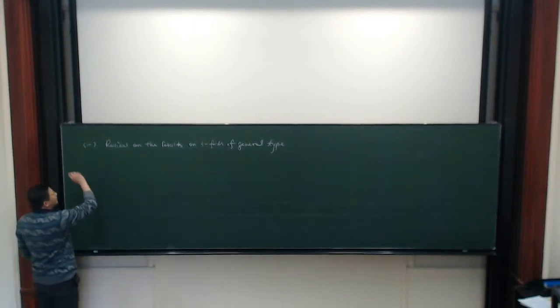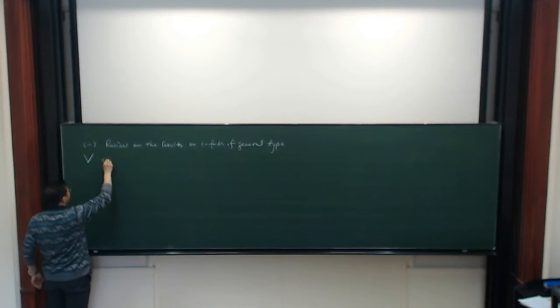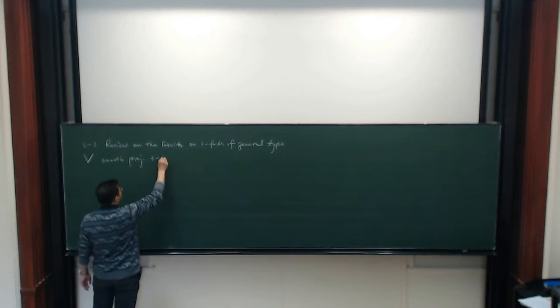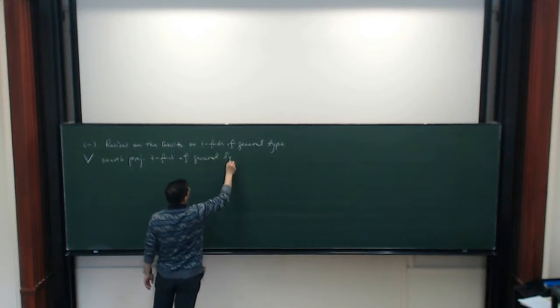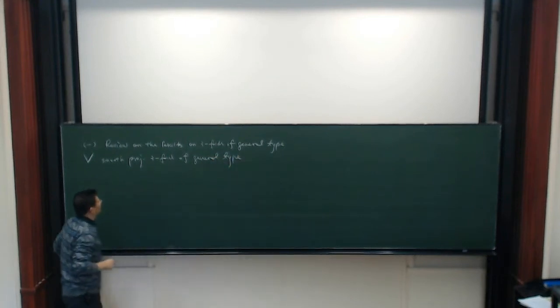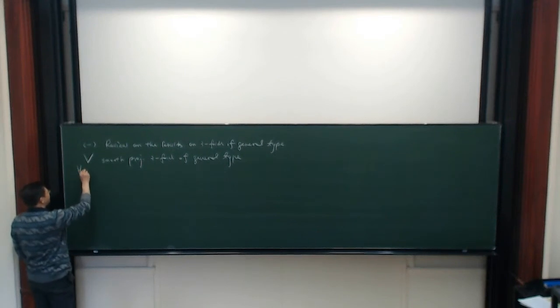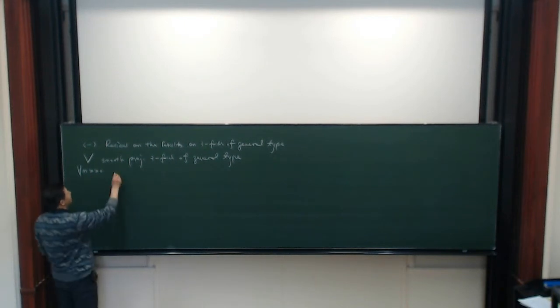And so let me state the problem. If I take a smooth projective threefold of general type, we say it's of general type simply because when the integer m is large enough, we have enough global sections of the pluricanonical system.